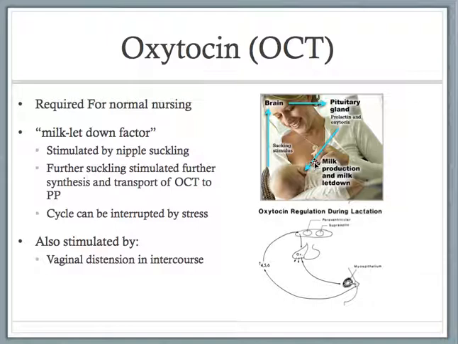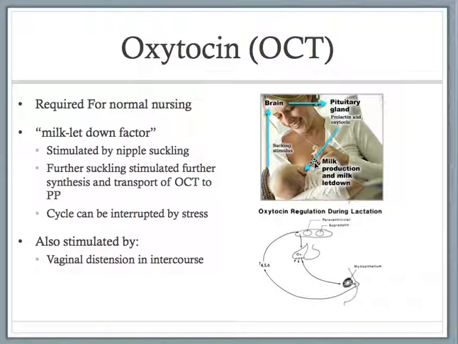Okay, oxytocin, as we mentioned, is important in delivery, and it's also important in breastfeeding. Both of those processes are positive feedback, and they stop when the stimulus is removed, either the fetus, which we talked through before in the first lecture, or the suckling at the level of the nipple. So oxytocin works along with prolactin. When there's prolactin production, the cells in the breast tissue produce milk.